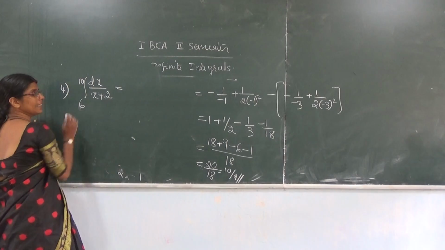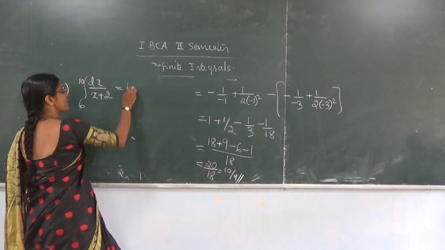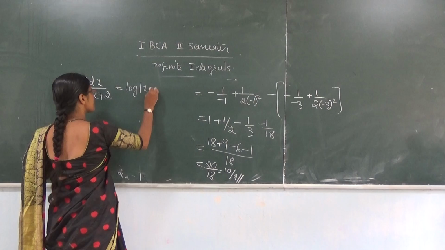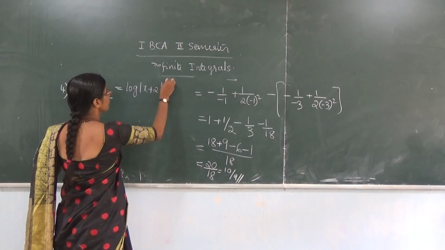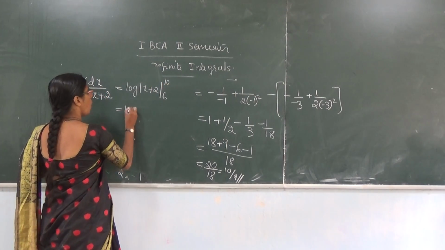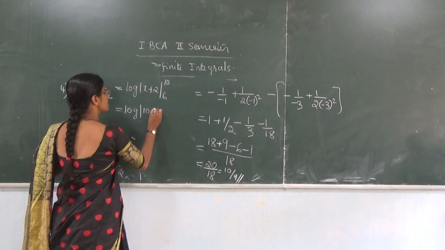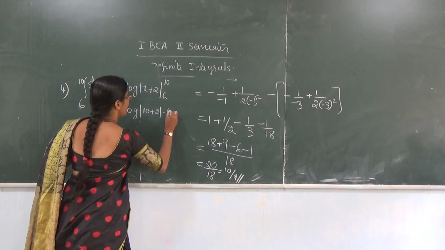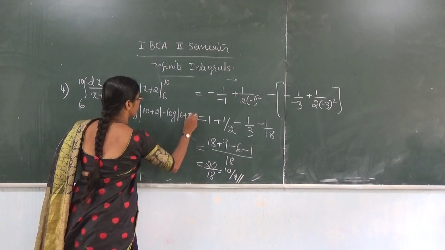That is nothing but log of x plus 2 from 6 to 10. So this is log of 10 plus 2 minus log of 6 plus 2.